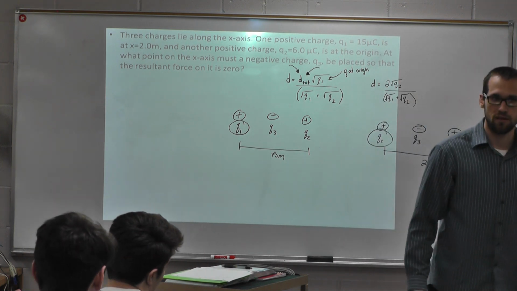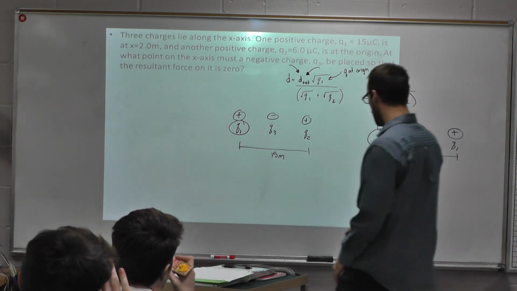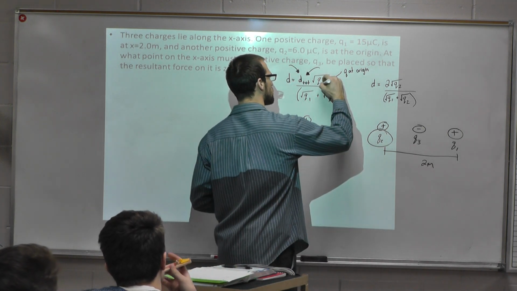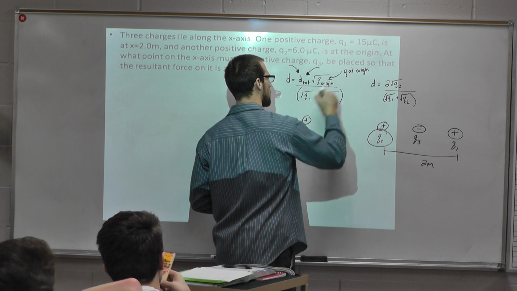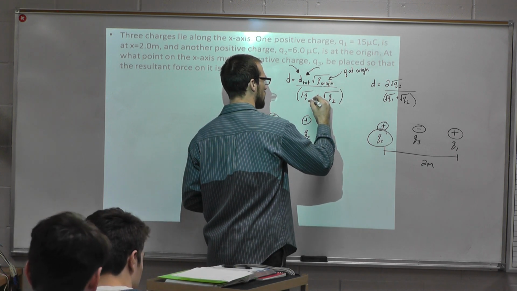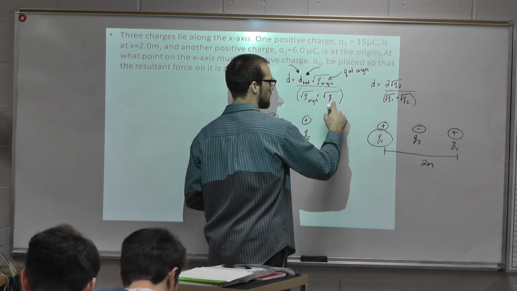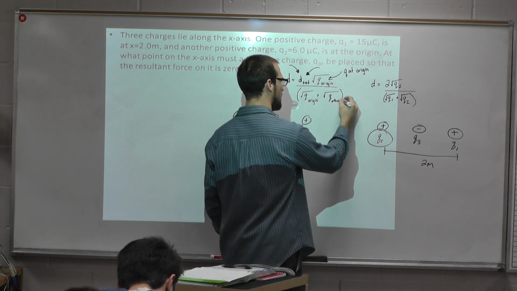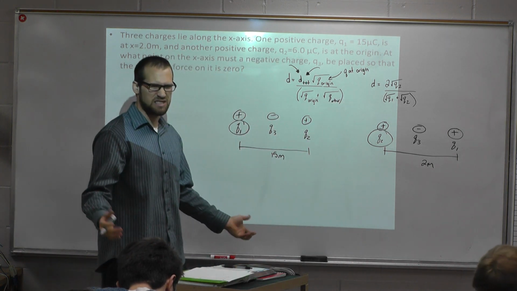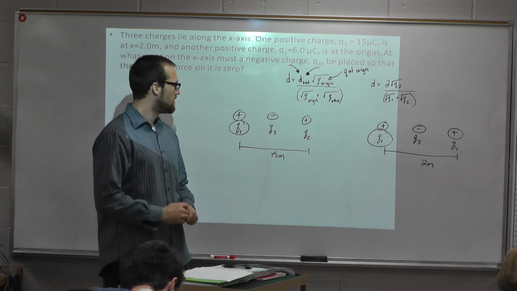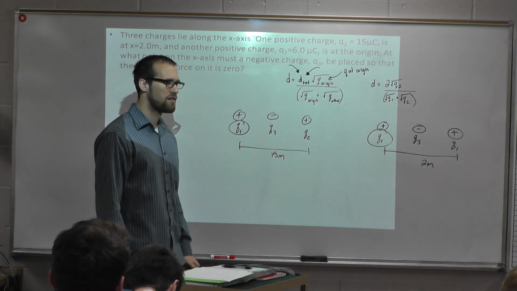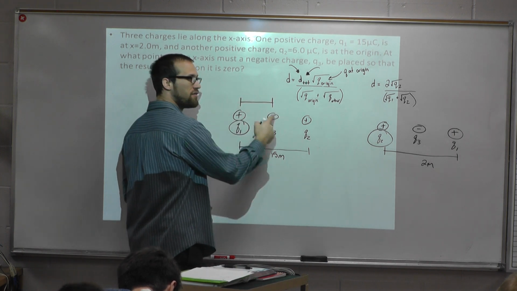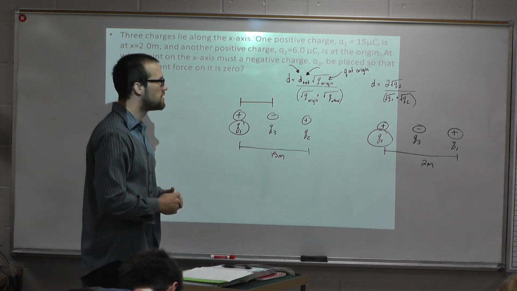So can't you just say Q origin instead of Q1? Sure. You could say Q other, I don't know. Does that make more sense? That is fair. The distance you get would be the distance between your origin and your other charge.